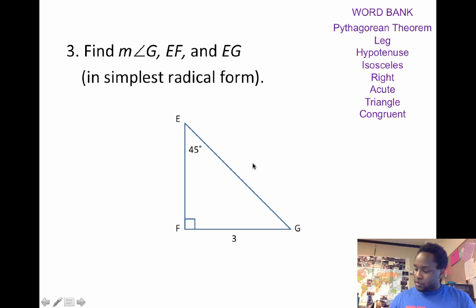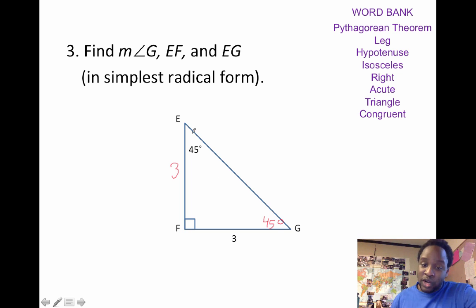Take a look with 3. We would have 3, because it's a 45, 45, 90 triangle. And then the third side, it's an isosceles triangle. I can't use the reasoning of a 45, 45, 90 triangle.